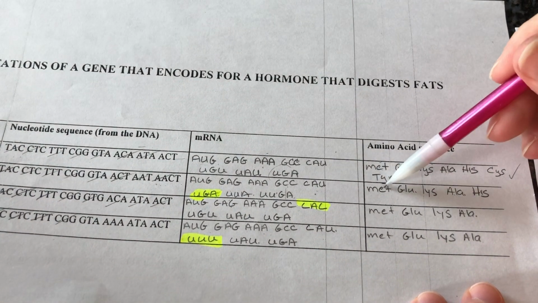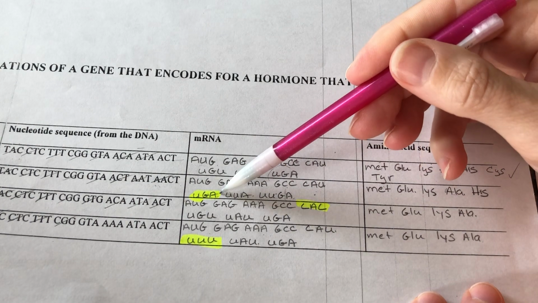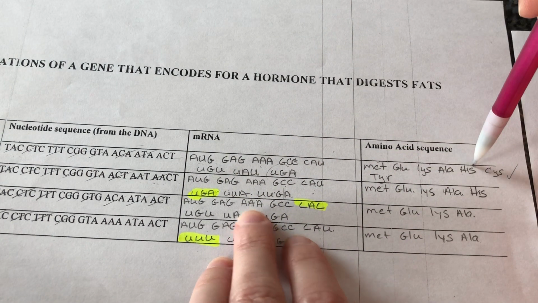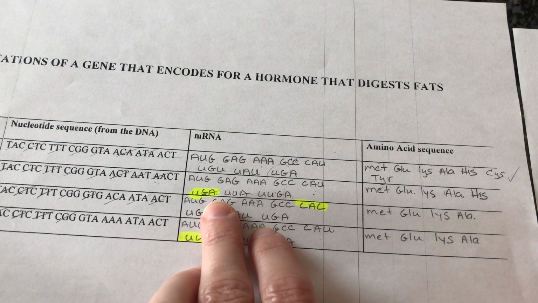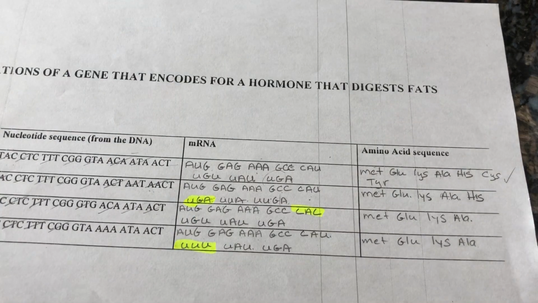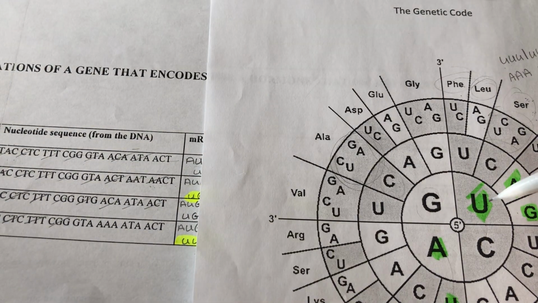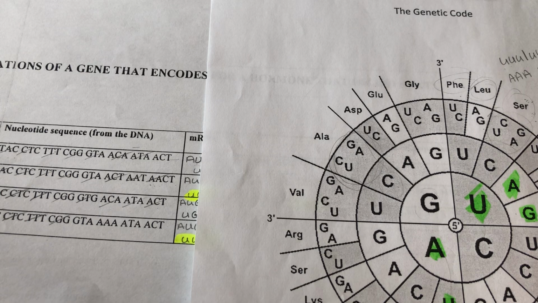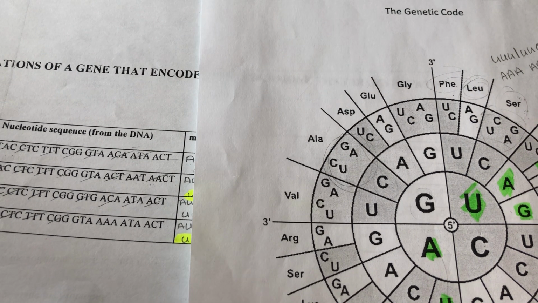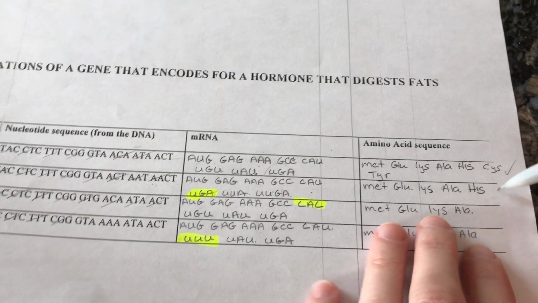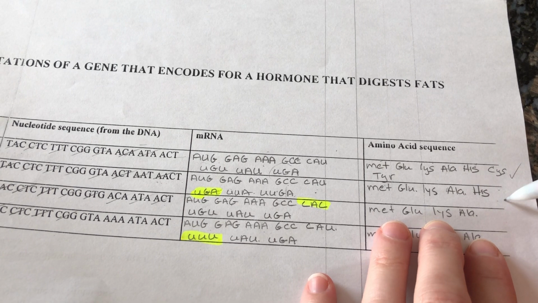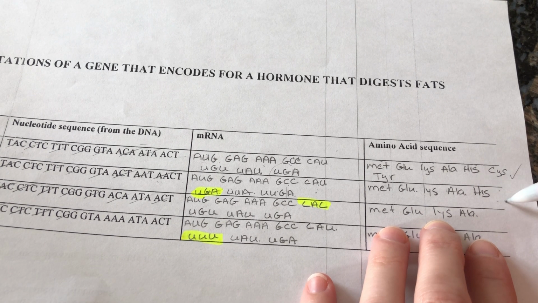So we're good until we get to this. Okay, so everything is the same. But when we look at UGA, so genetic code, UGA codes for stop. Okay, so everything ends here. And so what kind of a mutation is this?